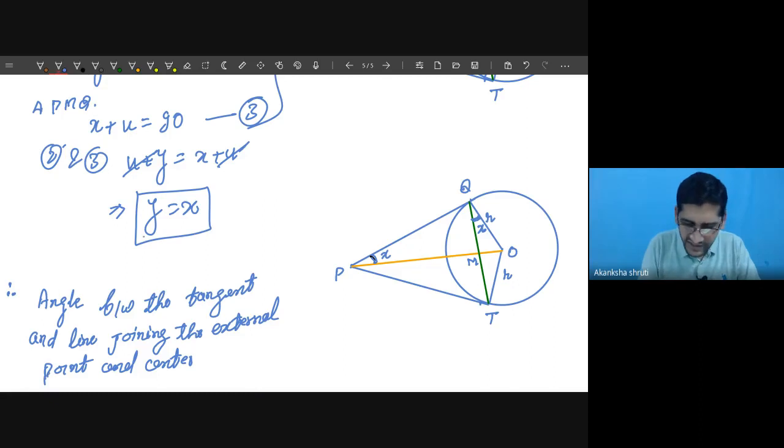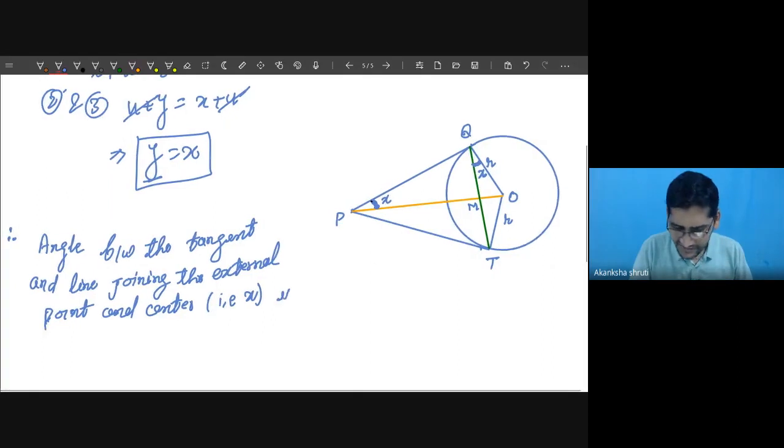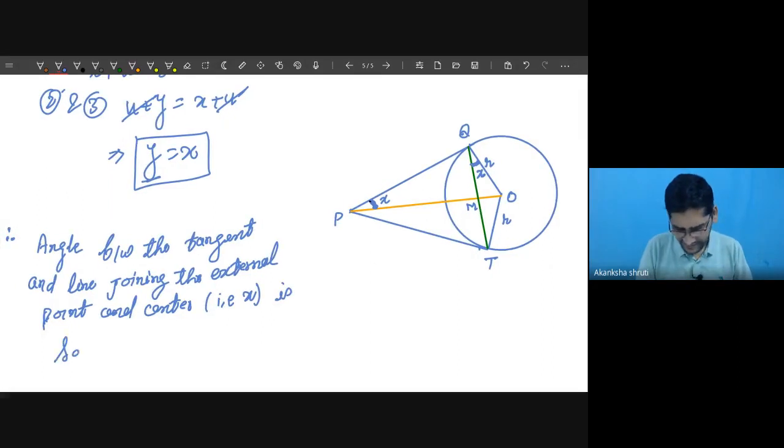Here it is x. That is x here. It is the same as, or equal to, the angle between the chord joining the point of tangent and the radius.